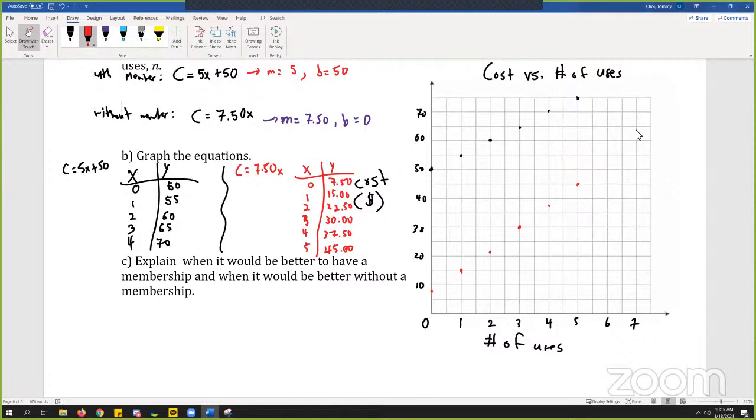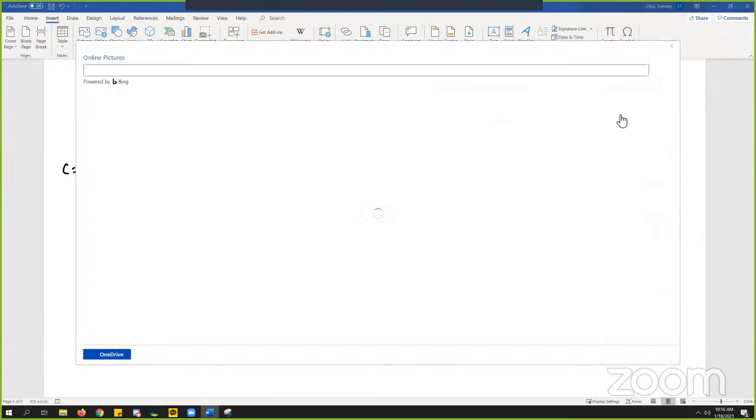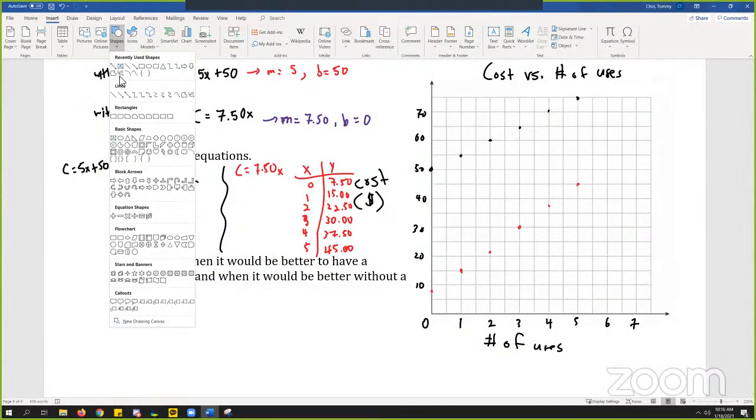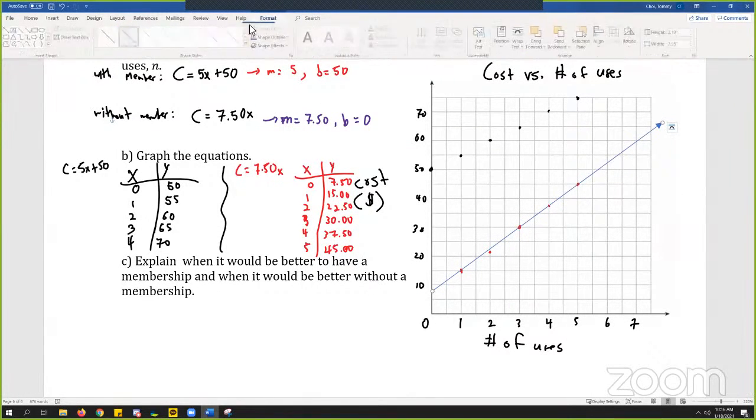And we can kind of see that it's getting closer to that black line, but it's going to take a while. It's going to take a while. So if we draw our lines here, oh my goodness. If we draw our lines here, we're going to get something that looks like this for our red line.